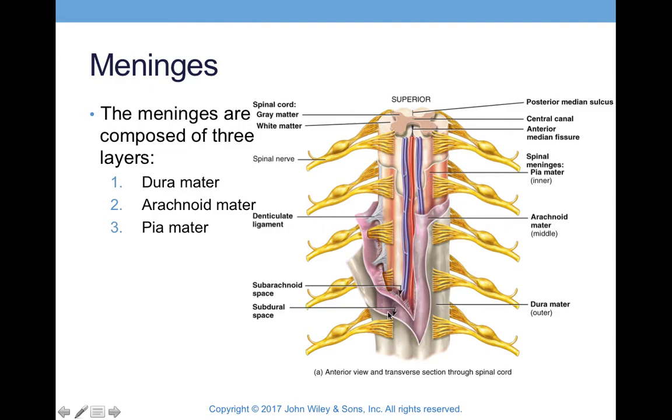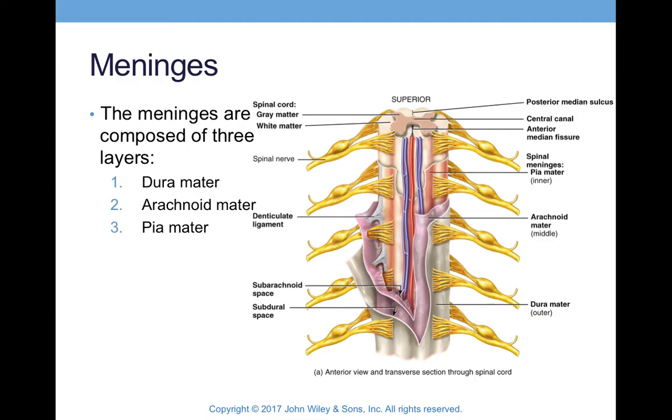Between each layer is a space, the subdural space, the subarachnoid space, and this subarachnoid space carries the cerebrospinal fluid, which provides a fluid protection barrier, and we'll have more details about that later.